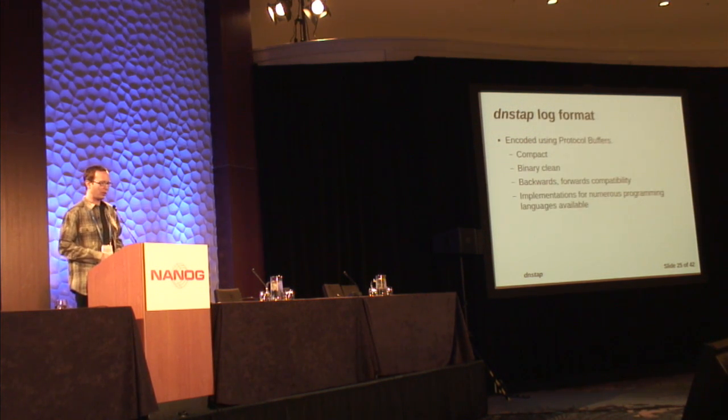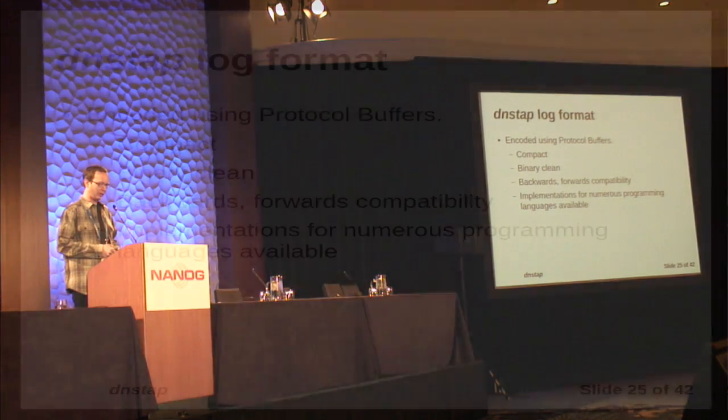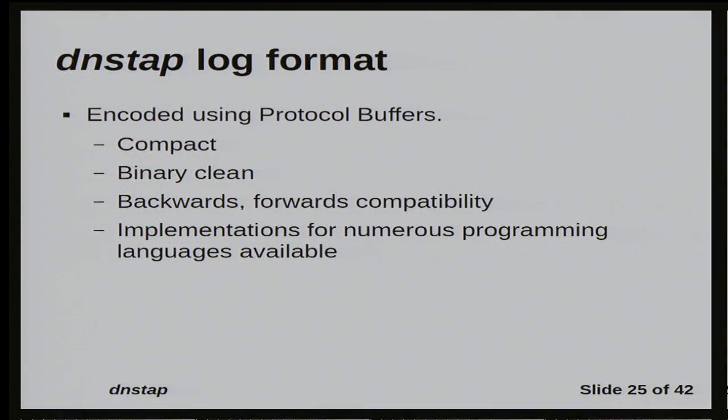I'm not going to go into too many details about the log format, but we use the Google protocol buffers format for encoding, which is not quite a standard, but it's fairly widespread. There are implementations for just about every programming language. It's very compact.